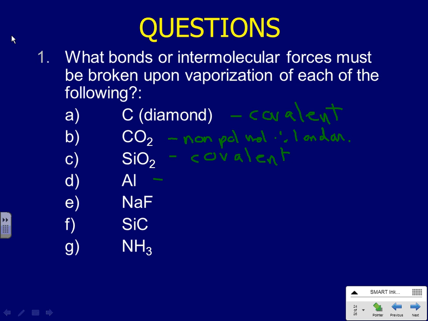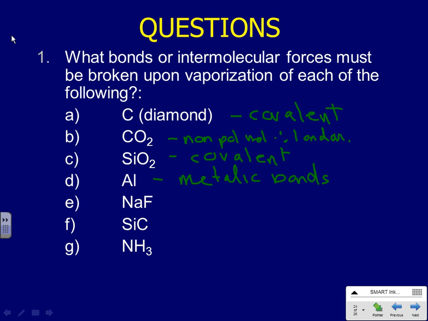So we're going to break a metallic bond, and that's what we call that big delocalized electron sea bond. It's simply called a metallic bond. So we're breaking metallic bonds. All right?